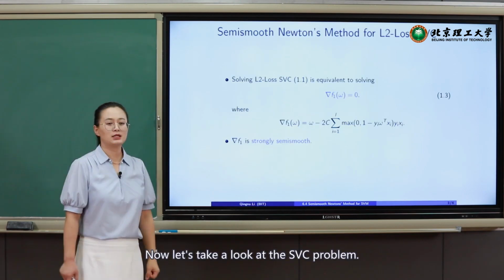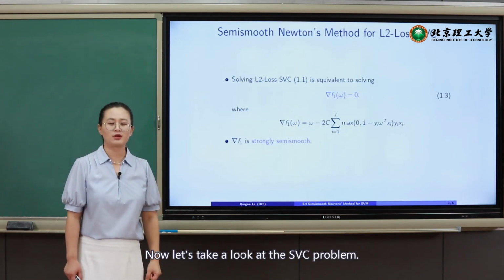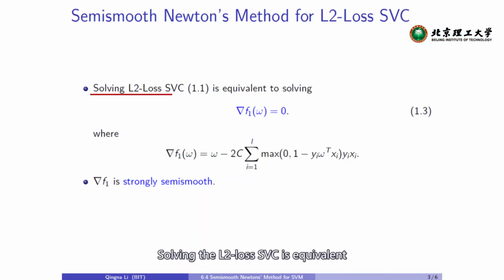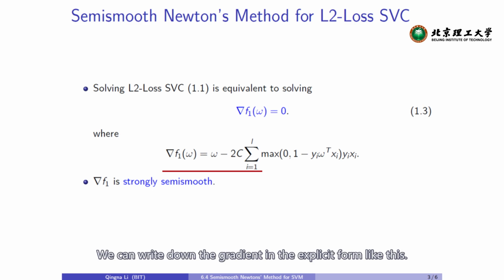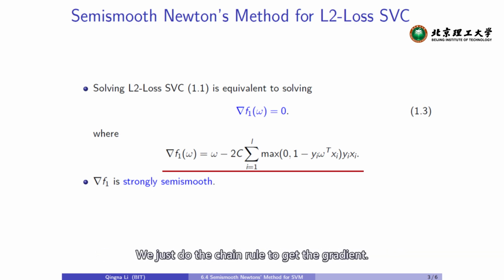Now, let's take a look at the SVC problem. So solving the L2 loss SVC is equivalent to solving the first order optimality condition, which means setting the gradient to be 0. Okay, so this is a nonlinear system, and we try to solve this. We can write down the gradient in an explicit form, like this. We just use the chain rule to get the gradient.